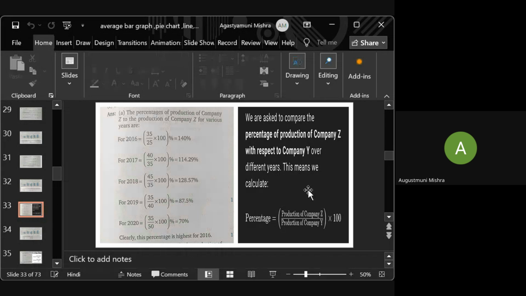The formula which I have mentioned, you can just use this. I think the formula is clearly visible to everyone. Even if you need explanation, then also you can ask.